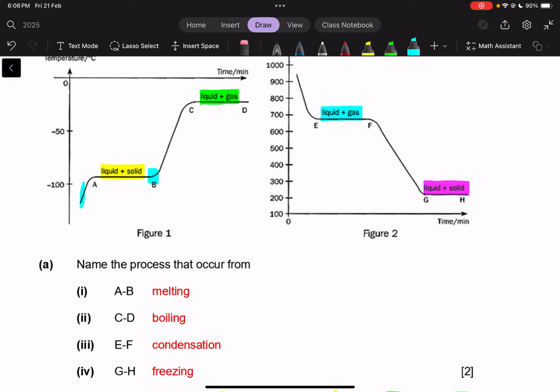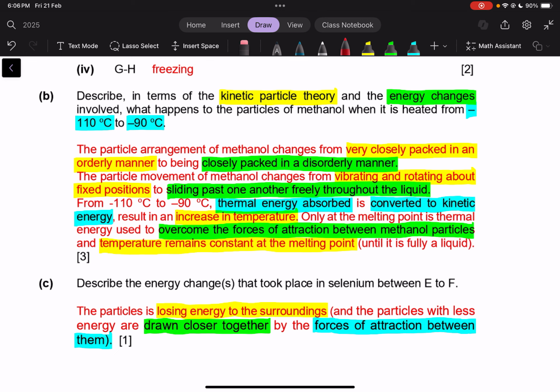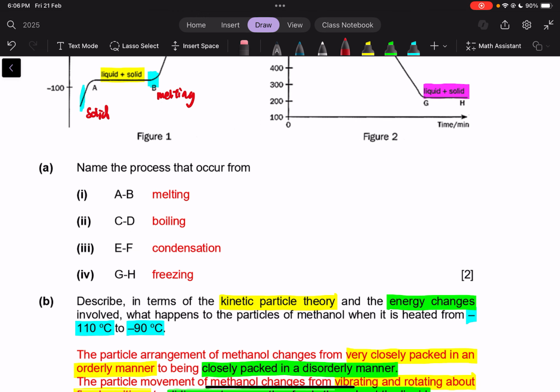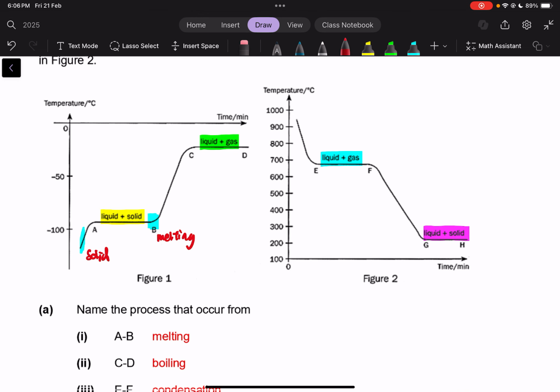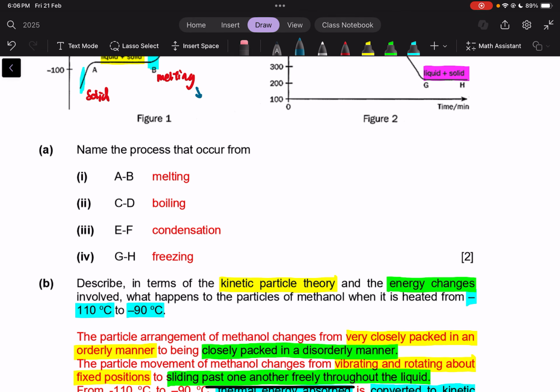So let's just write out the states. Here it must be existing as a liquid, then here you go through melting. So describe the arrangement of particles in a solid first. At negative 110, it is closely packed in an orderly manner. During melting, you will exist as a mixture of liquid and solid.